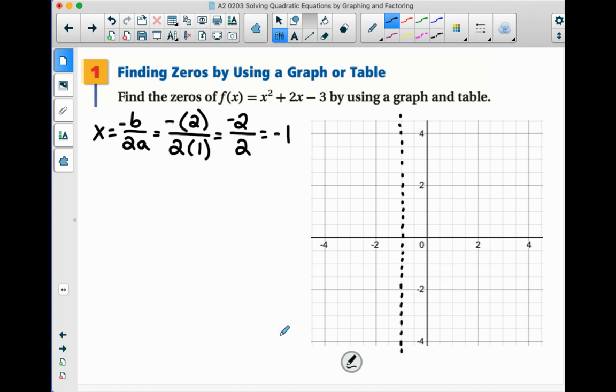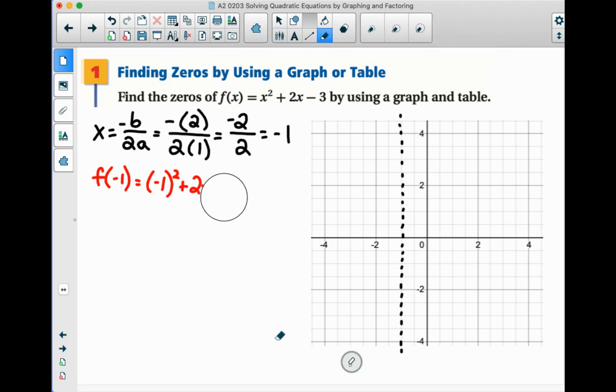Then remember, the first thing we did after we found that was we substituted that value in for x. So this is kind of going to be our table, even though it won't look like a formal table. 2x. We already know what x is. It's negative 1.